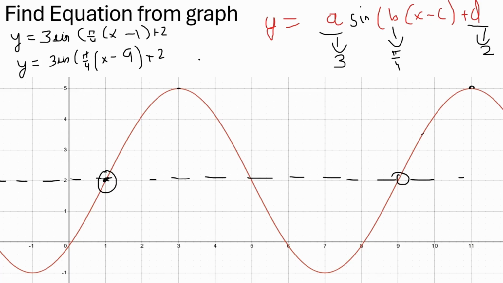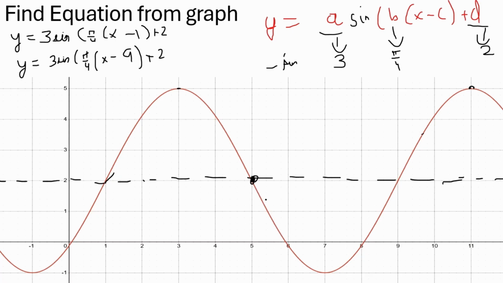Now what if instead of positive sine I wanted a negative sine? The condition is that it still needs to start in the middle, but instead of going up it has to go down. In my graph, it does that right here. It also does that somewhere there, but we don't have it, so it's fine.